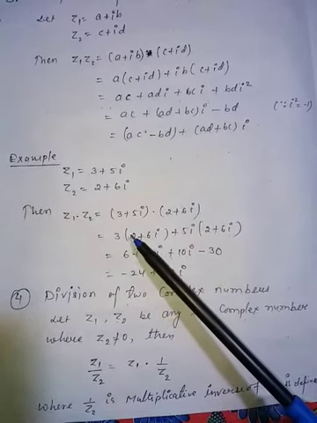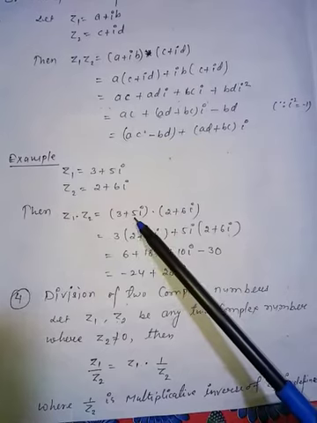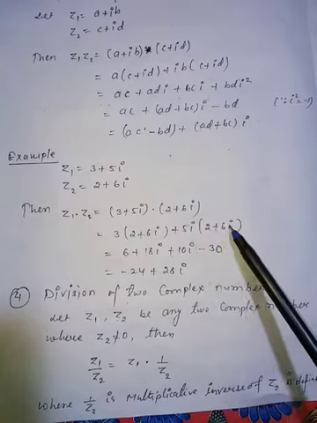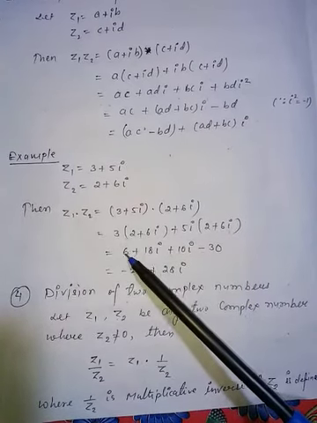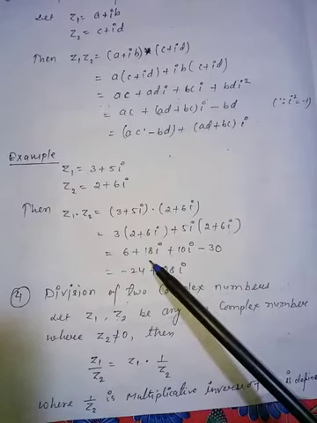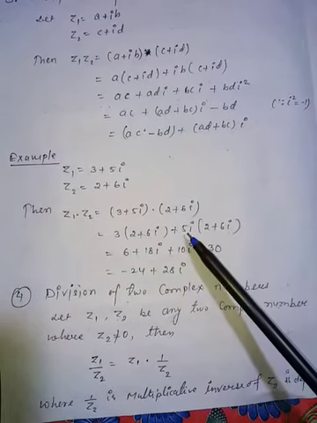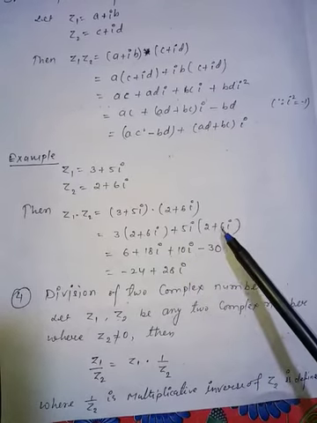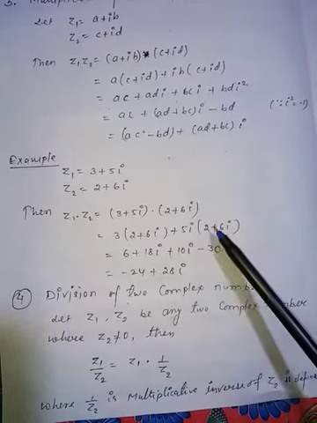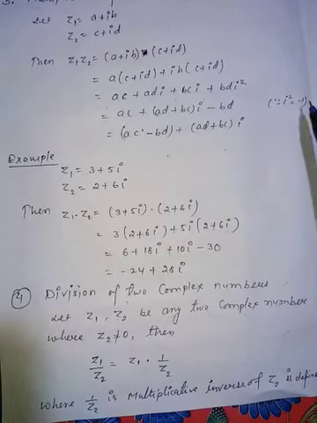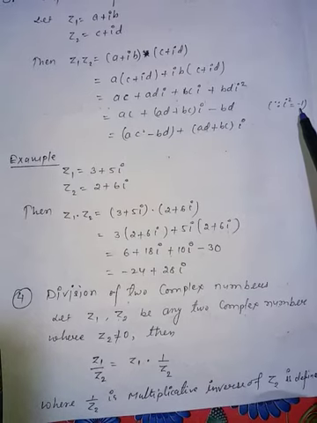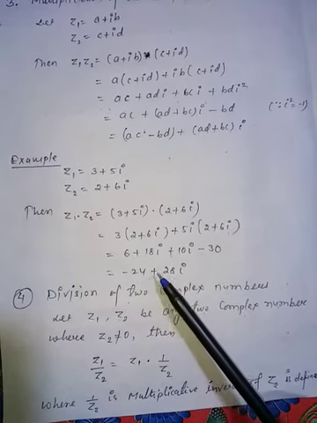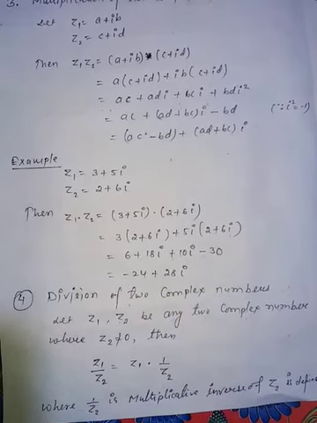So 3 into 2 plus 6i plus 5i into 2 plus 6i. 3 into 2 is 6. 3 into 6i is 18i. Also 5i into 2 is 10i. 5i into 6i is 30 i into i, that is i square, and its value is minus 1. After simplify, we get minus 24 plus 28i.